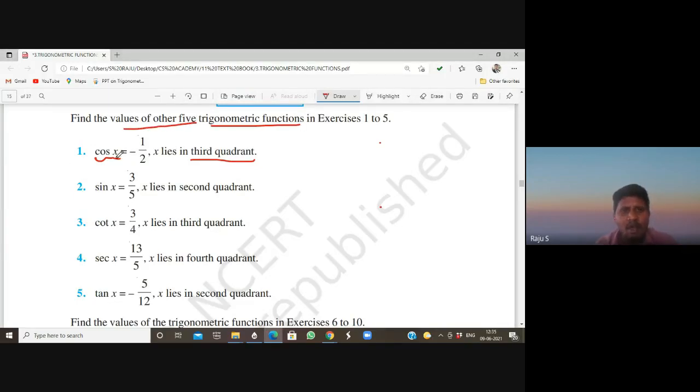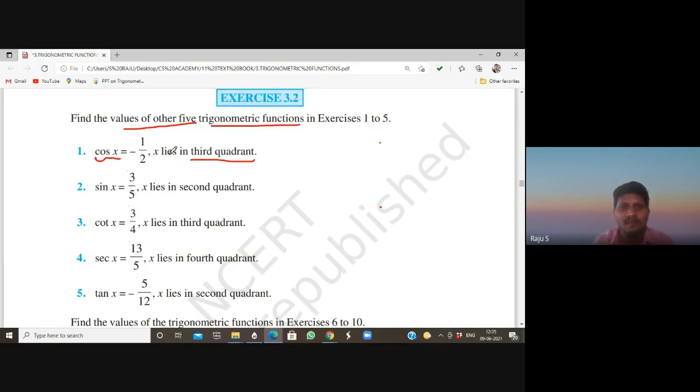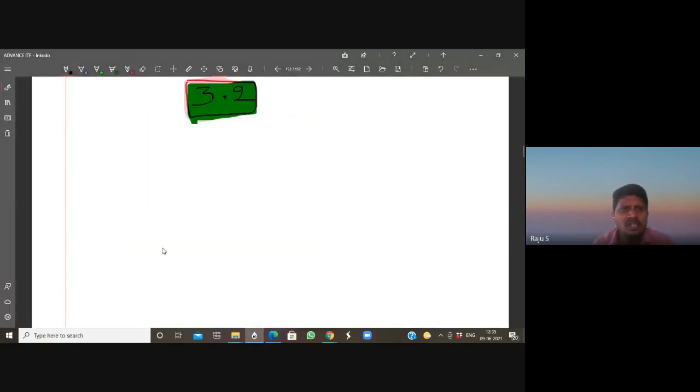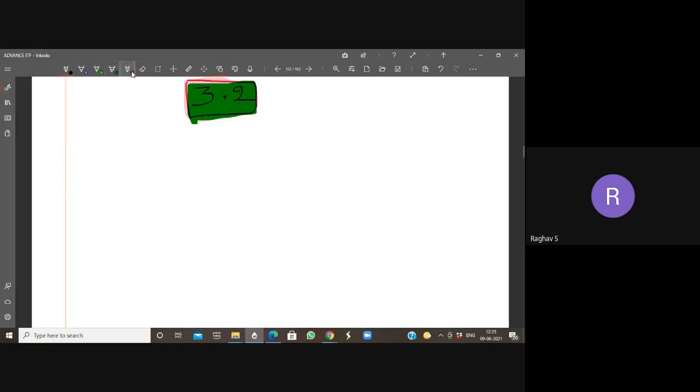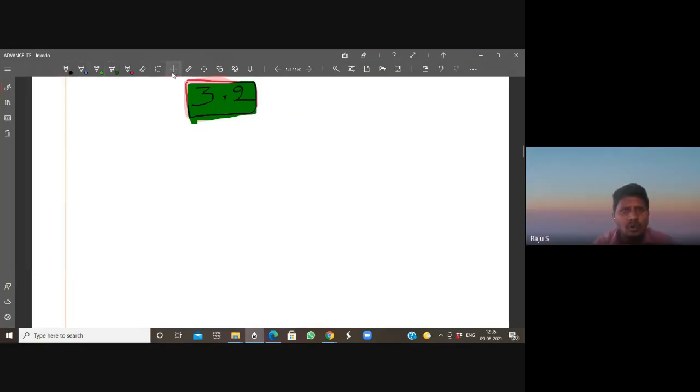When they give cos, see, questions 1 to 5: one of the function values is given, and we need to find the remaining 5 trigonometric function values. It is very easy. All the questions will take just 2 minutes to do.